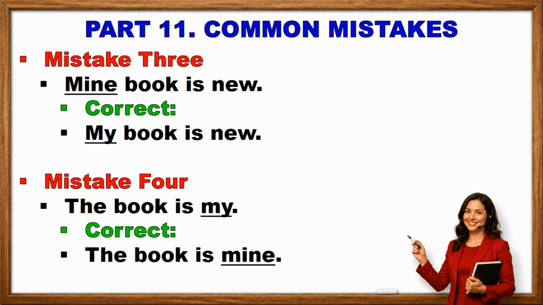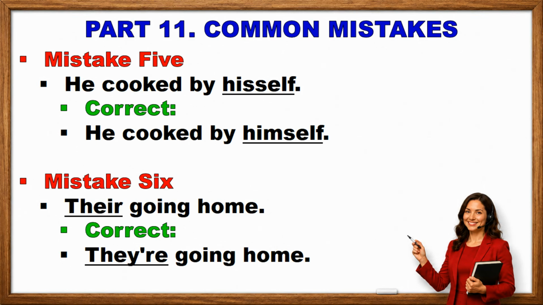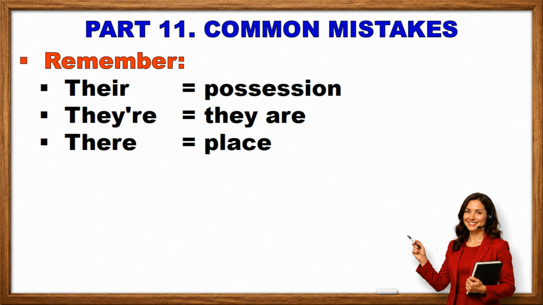Correct: "The book is mine." Mistake 5. "He cooked by himself." Correct: "He cooked by himself." Mistake 6. "They're going home." Correct: "They're going home." Remember: there equals possession. There equals they are. There equals place.